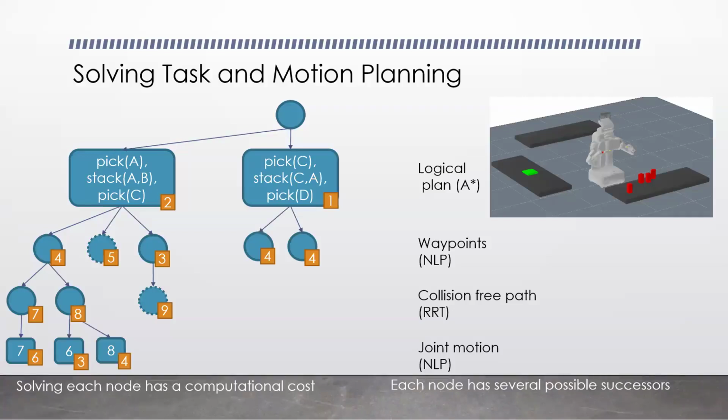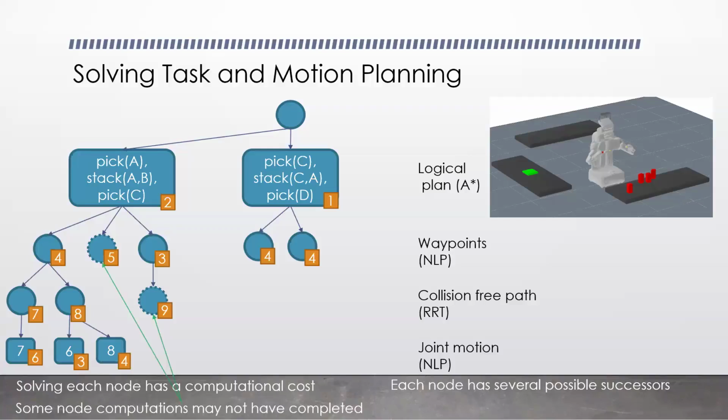Each of these may have a different computational cost and a different cost for the plan you find at the end. What's even more challenging is that some of these computations take time, and maybe you want to stop a computation in the middle. You haven't solved this nonlinear program, but you say, this is taking too long, we're going to move to the next one. So you have to reason about interrupting computations.